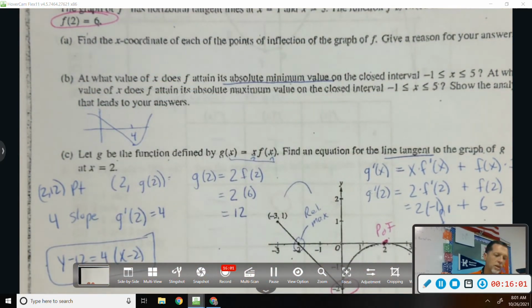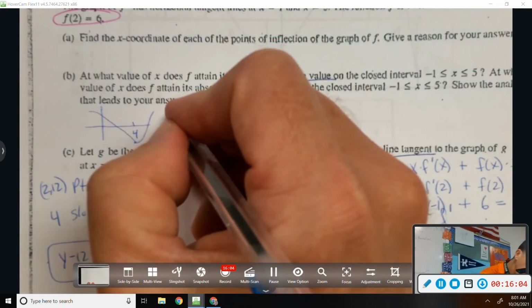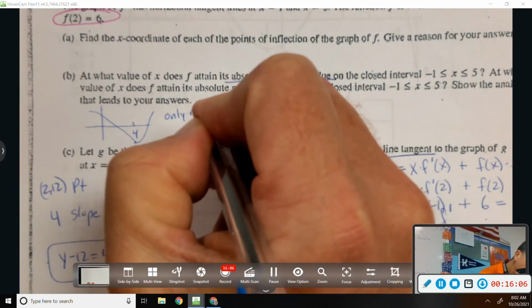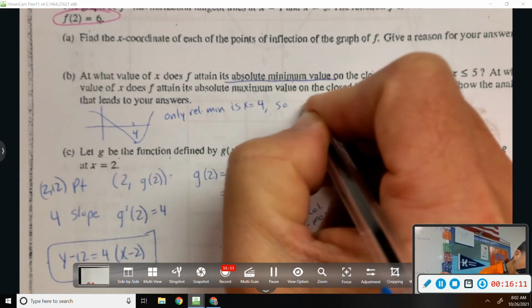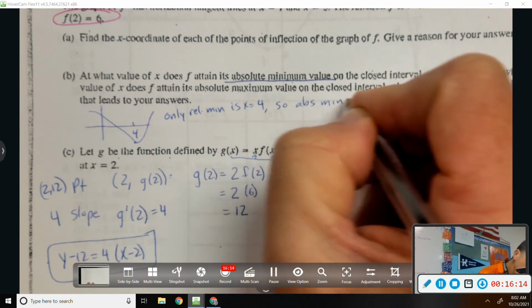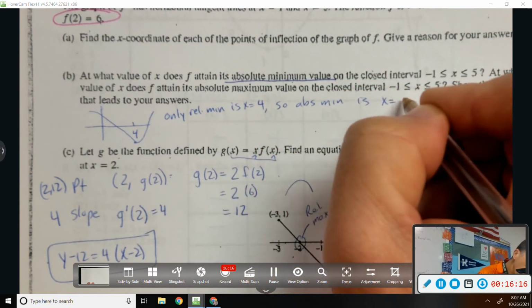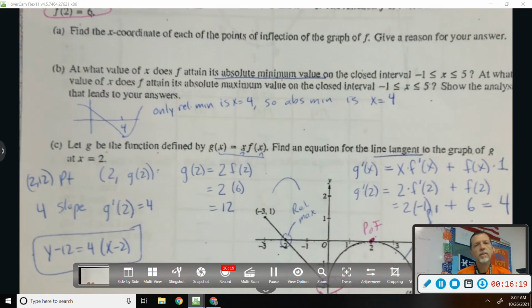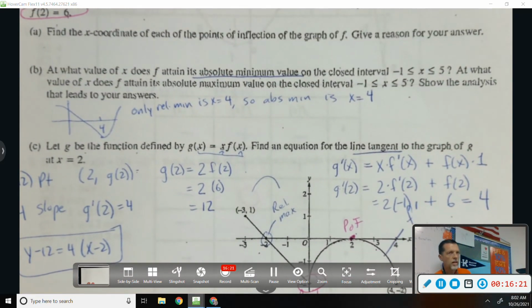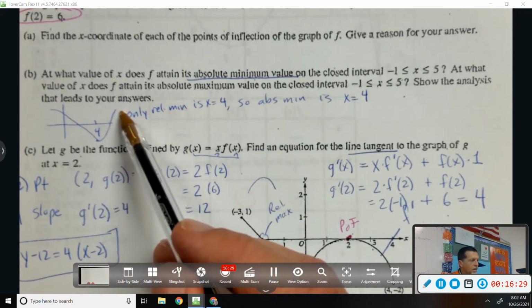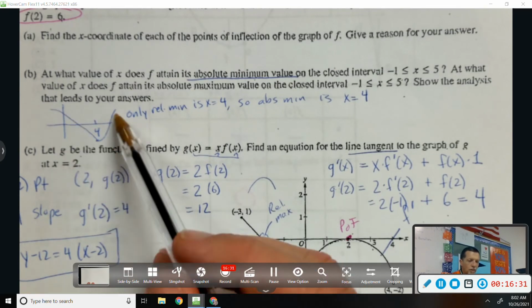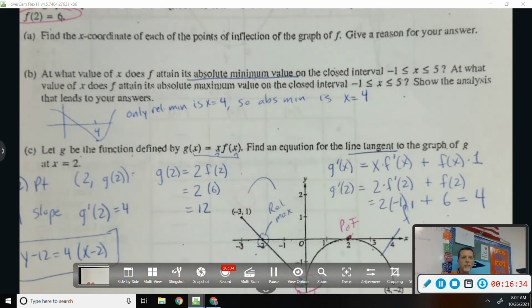That means it's got to be the absolute minimum. Another way to say it is if it's decreasing in front of 4 and increasing after 4, there's no way for any points to be lower than 4. So 4's got to be the absolute minimum.